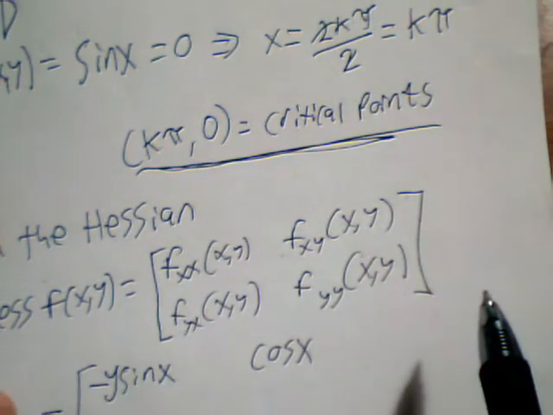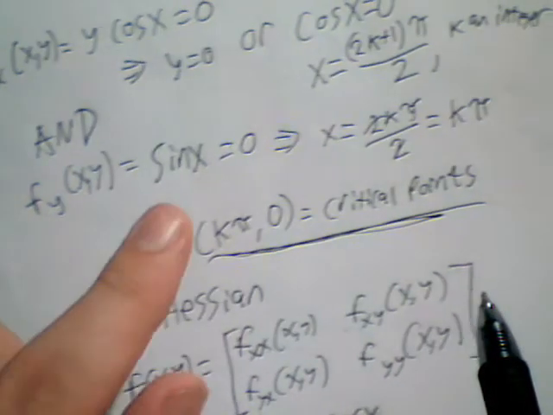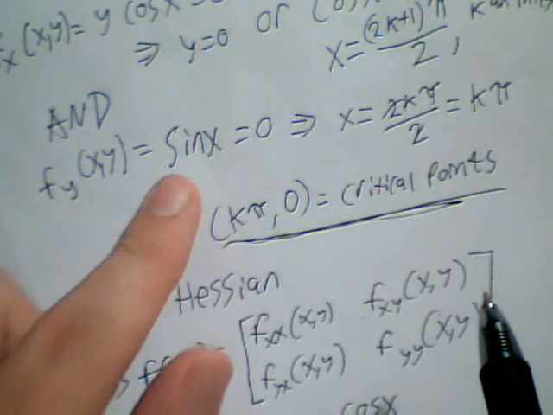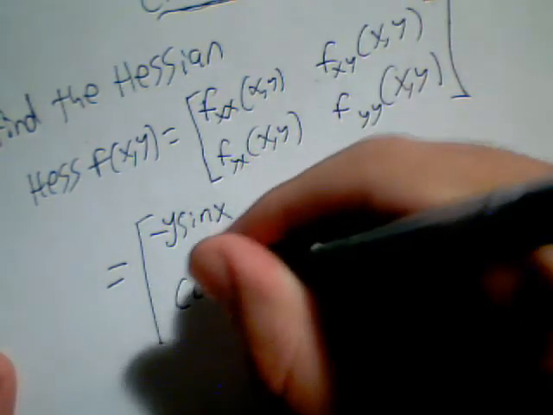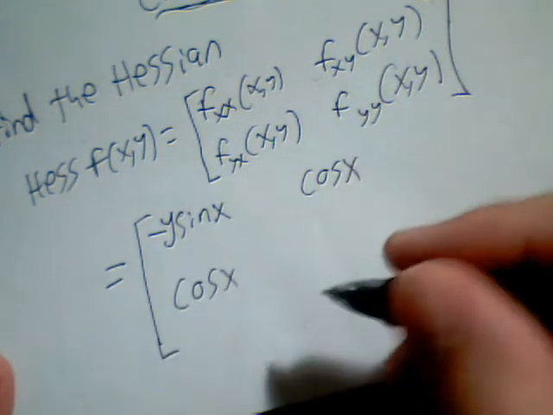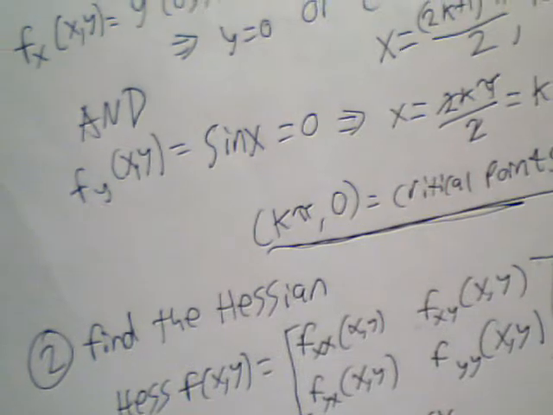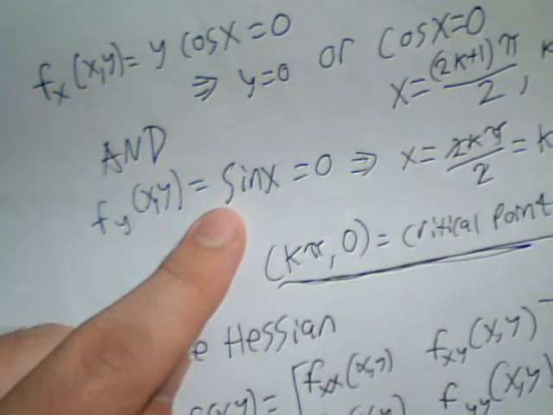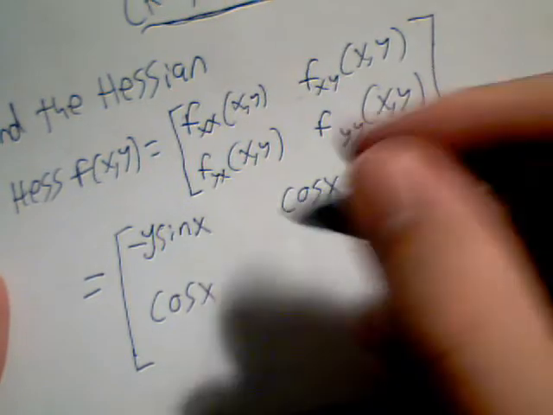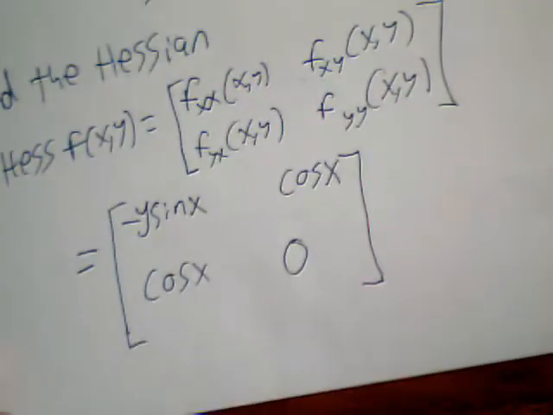So sine x, the derivative with respect to x is going to be cosine x. Good. I was hoping that'd be the same. And then second partial with respect to y. Well, let's take a look. There's no y here, so the partial with respect to y is going to be 0. Okay, so here's my Hessian.